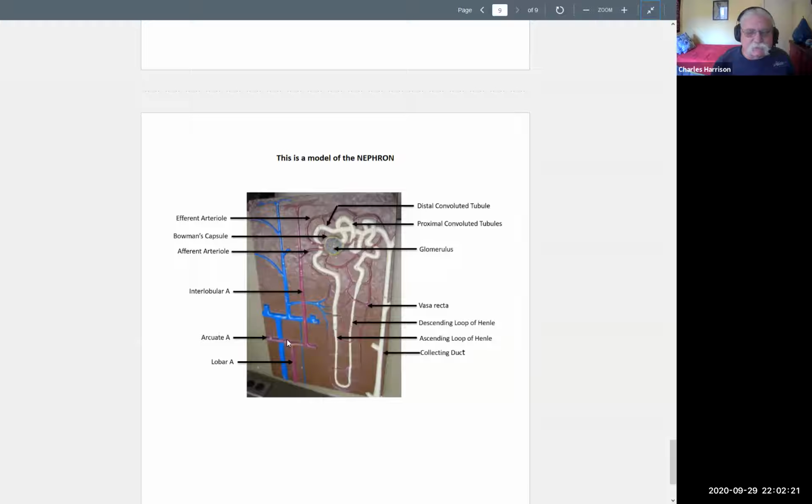Okay, here's the arcuate artery, starting again, lobar to arcuate, and then this one is the interlobular, and then it breaks off to smaller afferent arterioles. The afferent arterioles go over to the glomerulus, which is inside of Bowman's capsule.